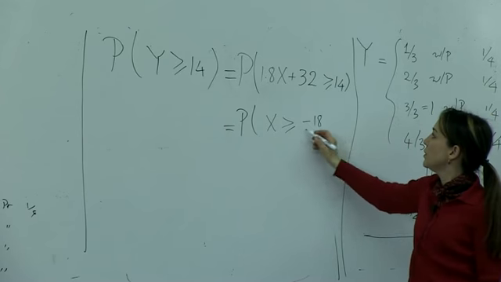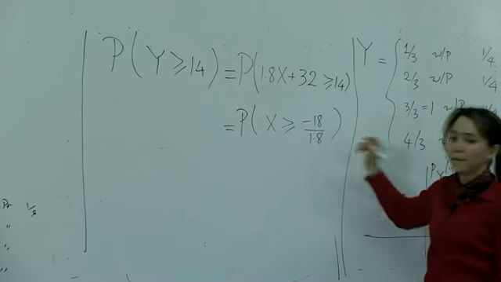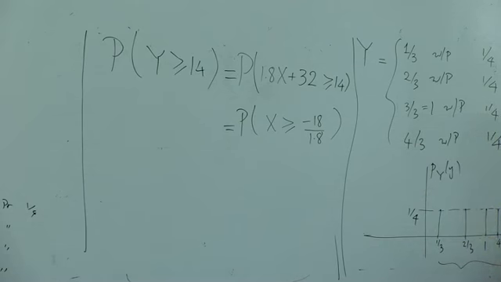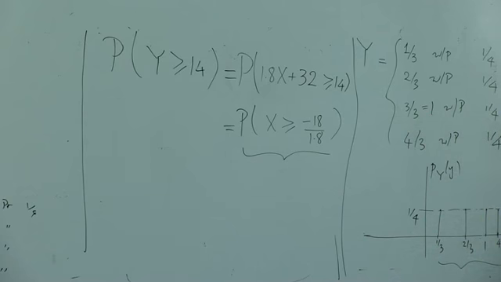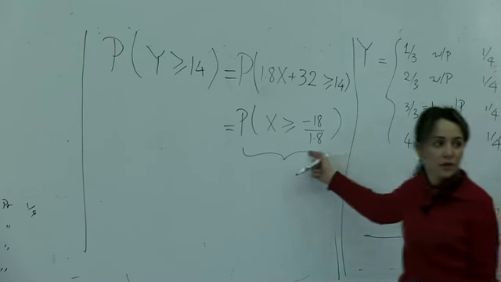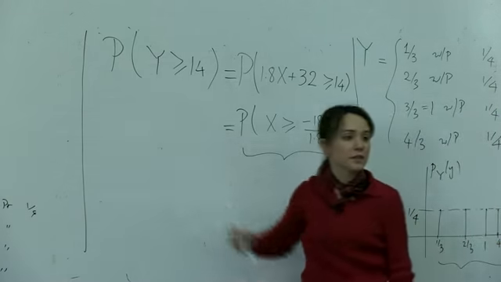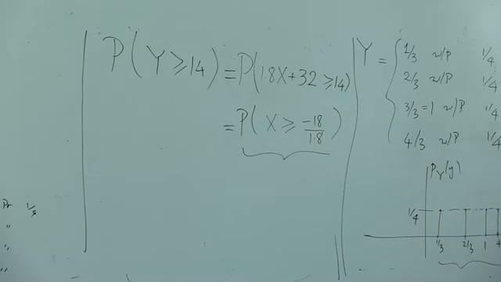Minus 18 over 1.8. And provided you know the answer to this in terms of x, you can compute the answer to this in terms of y. So what does this say? A function of a random variable is another random variable. Okay?